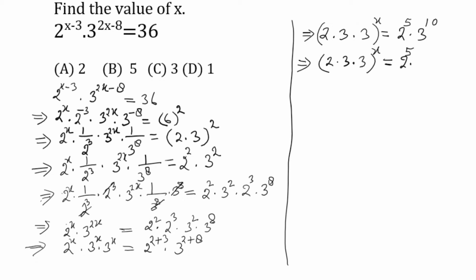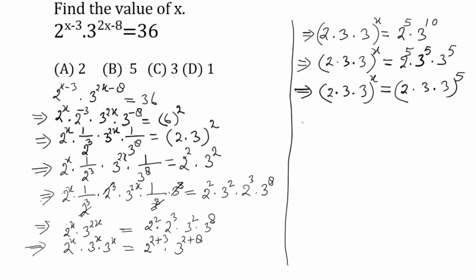I break 10 into two parts, 5 and 5. 2 into 3 into 3 to the power of x is equal to 2 into 3 into 3 to the power of 5.